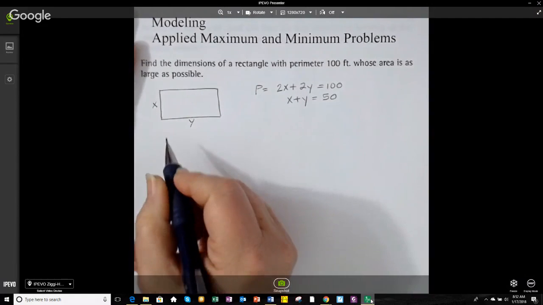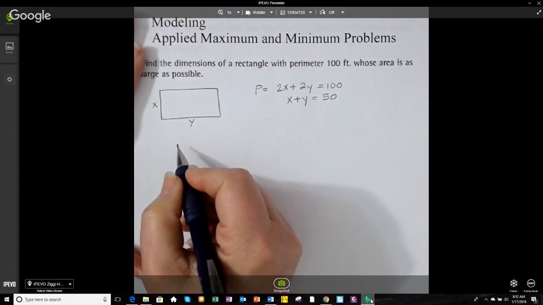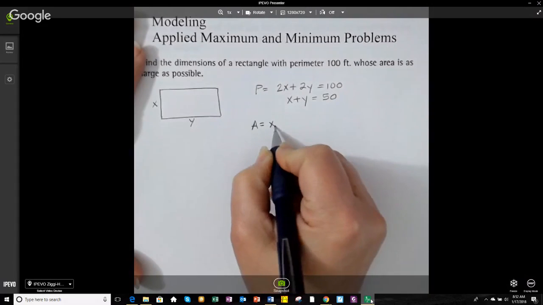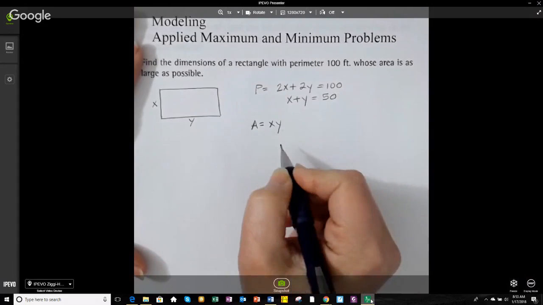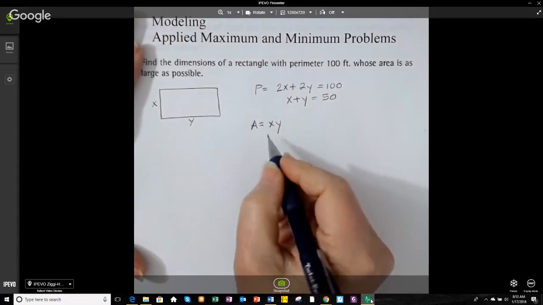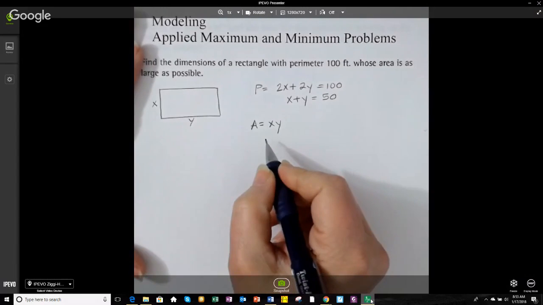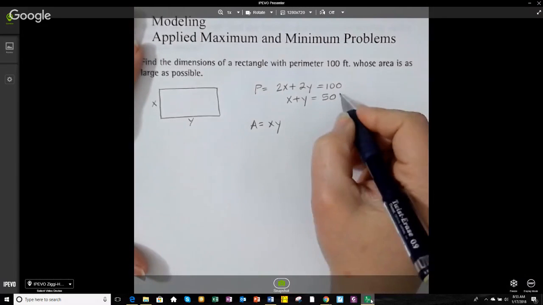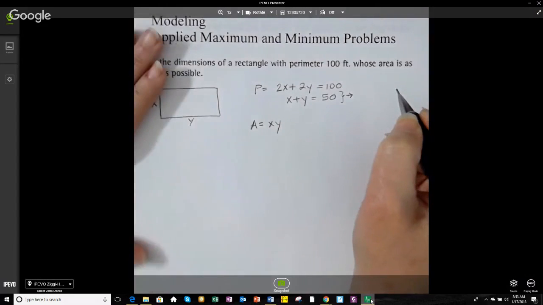So this is a constraint on my area. So what is the area of this rectangle? Well, the area of this rectangle is going to be X times Y. But I can't type in X times Y in my calculator. I have a Y equals button. So I have to have this area as a function of one variable so that I can put it in my calculator. And the good news is that I have a piece of information here that I can use to solve for one of the other variables.